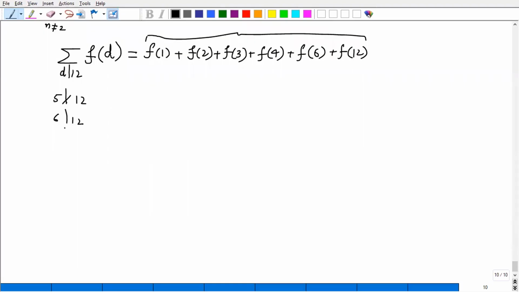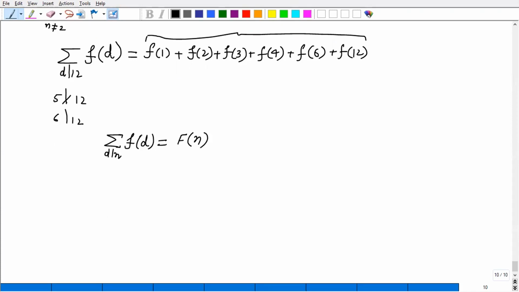Okay, so we define a summation. The sum runs through the divisors of n over the function f of d, where d is a divisor of n, and f is a multiplicative function, and this sum is represented by capital F of n.